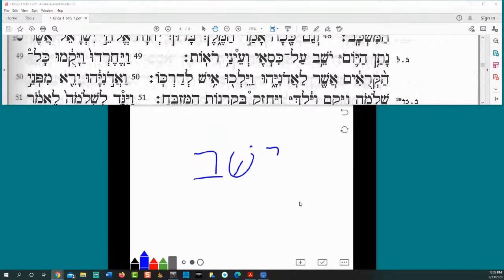One of the things that was interesting to me when I started to study Arabic was that often words that are first yuds in Hebrew are actually first wows, the W sound, in Arabic.